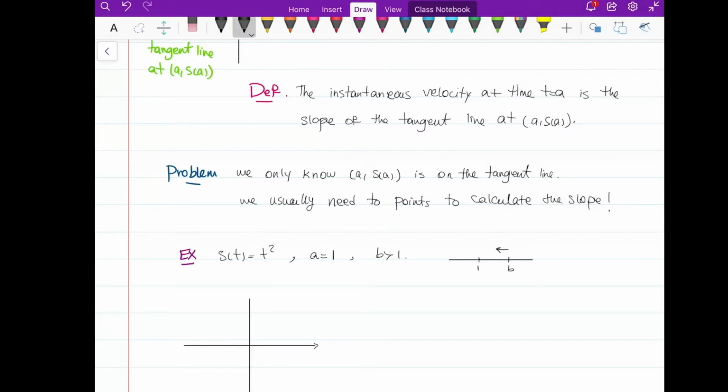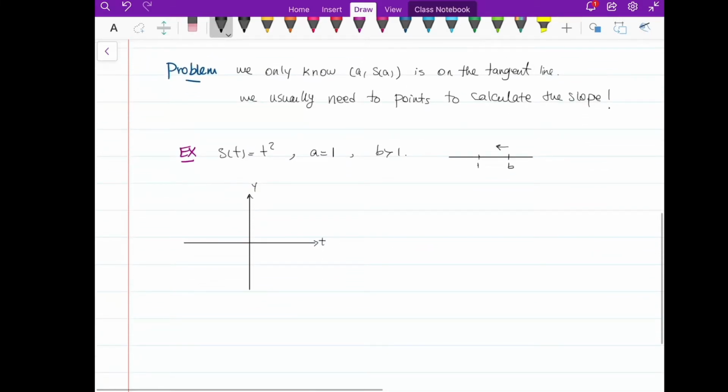So this is t, this is y, then I have the parabola. Let me have a nicer parabola in here. There you go. So this is y equals t squared. At the time 1, I'm here.